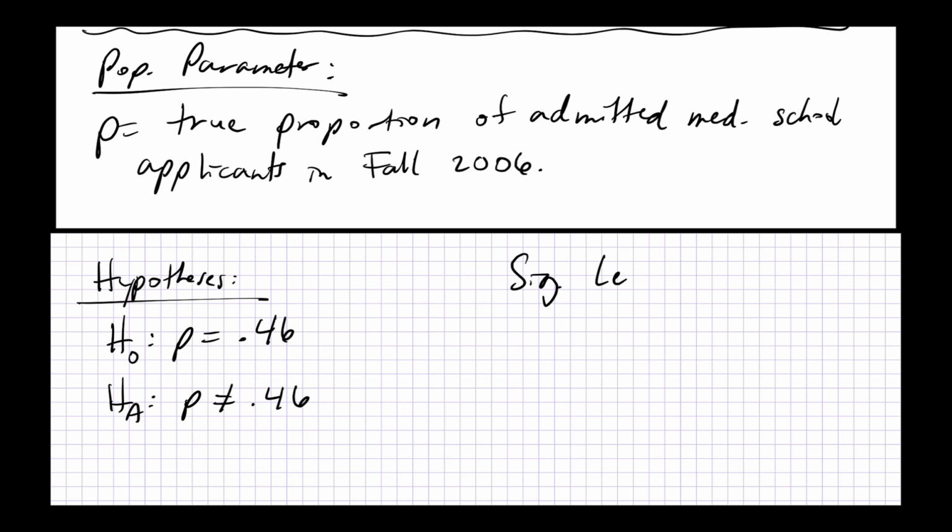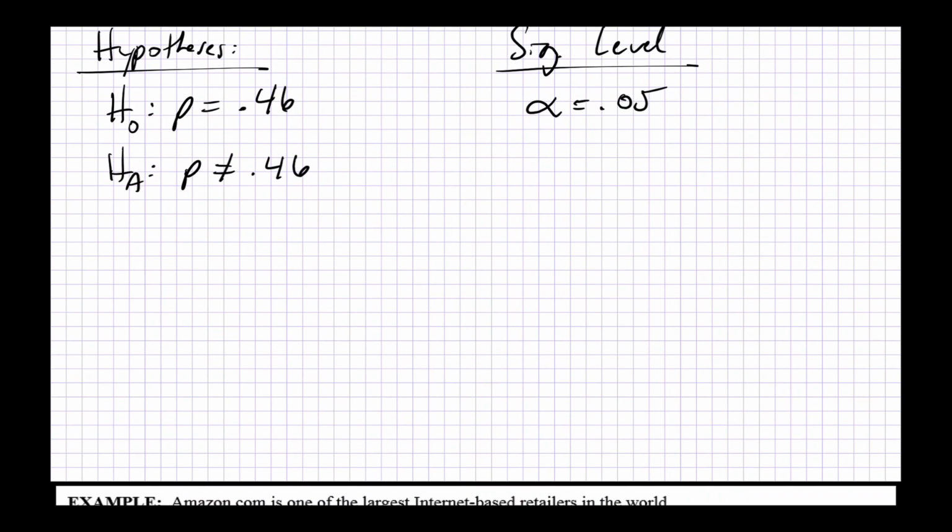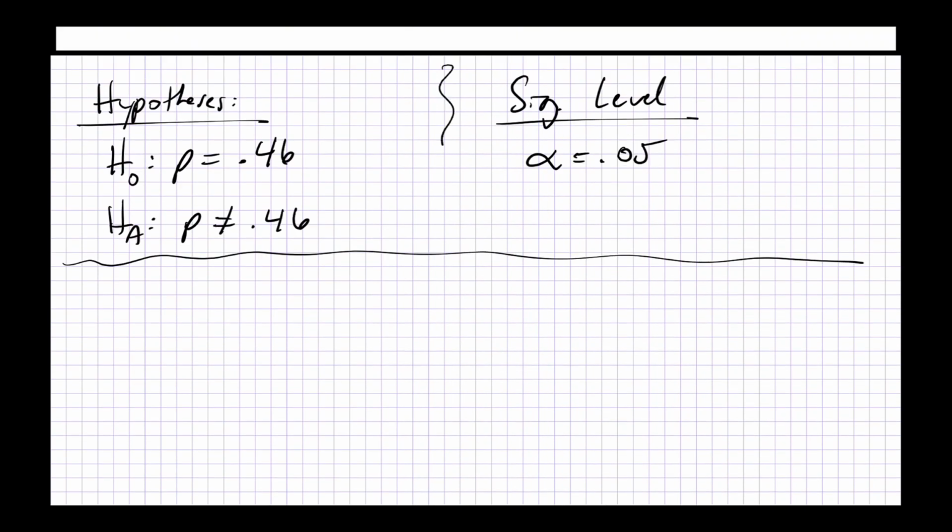Significance level, we said is 5%. Okay, so now let's do our conditions assumption, or no, test statistic, sorry. Test statistic, it's going to be the same one we've been using the last two problems.